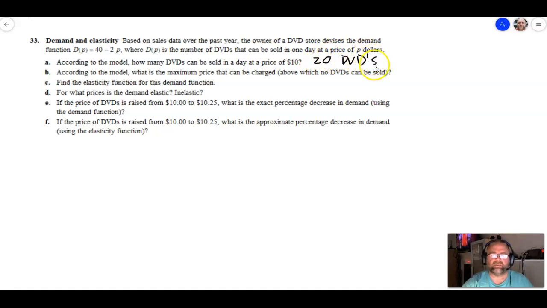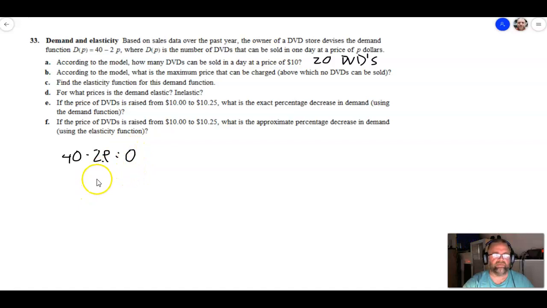The second one here says, according to the model, what is the maximum price that can be charged above which no DVDs can be sold? So what they're asking is at what price does this demand get down to 0. We can just set up that function: 40 minus 2p is equal to 0, which gives a demand of 0.